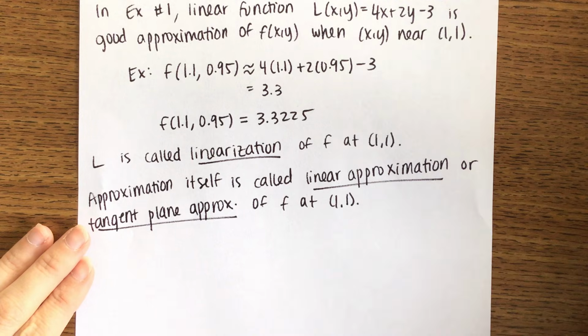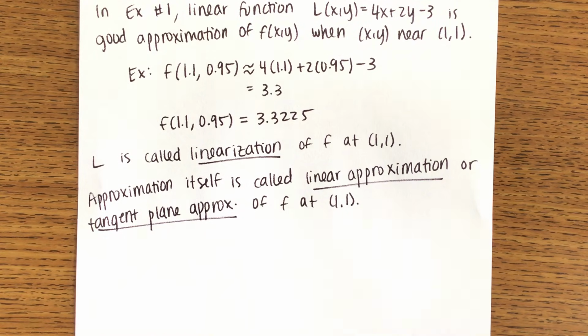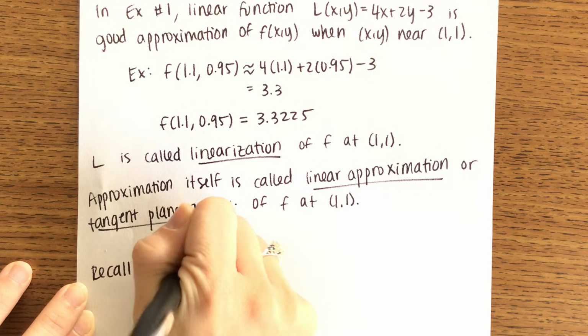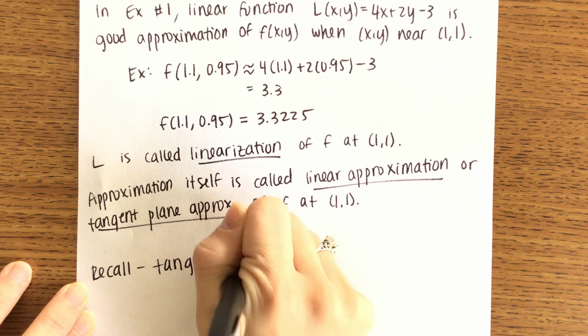So before we do an example, we're going to write out exactly what those look like. This all relates back to the tangent plane, so we're going to rewrite that equation.